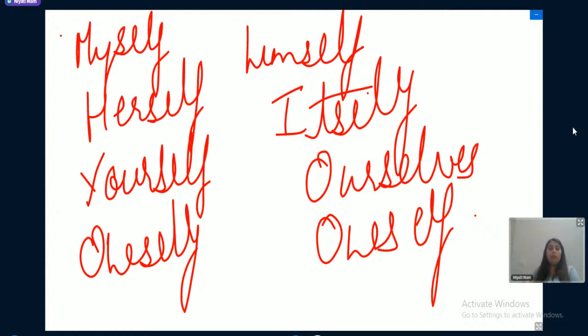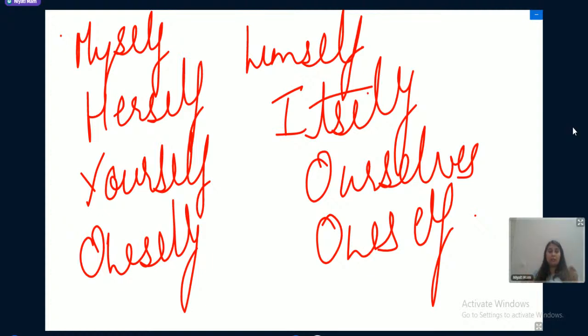On your screen, you can see certain words, and one thing is common in all of them: each and every word has self or selves as its suffix. So these words are reflexive pronouns, and the same words are emphatic pronouns.